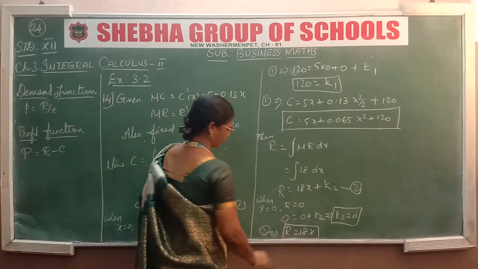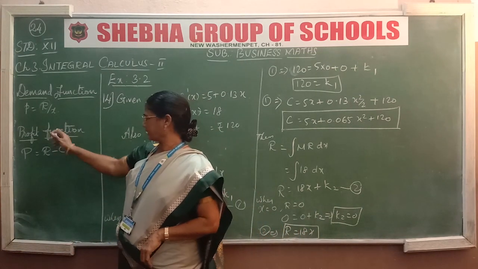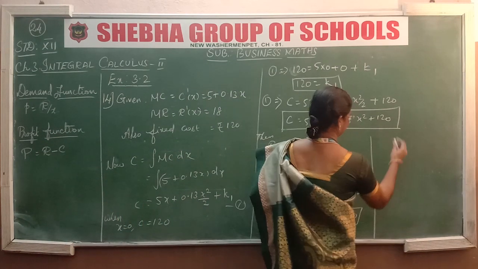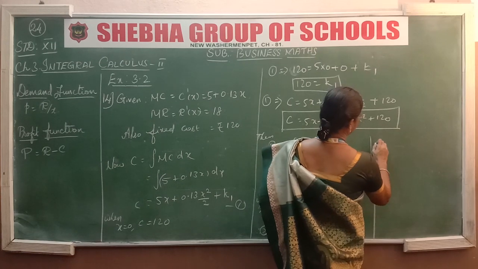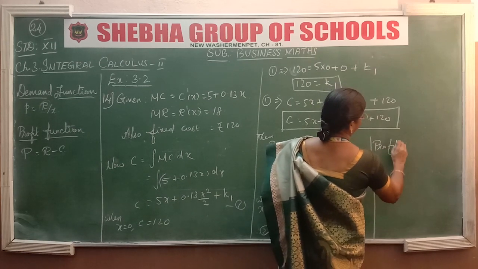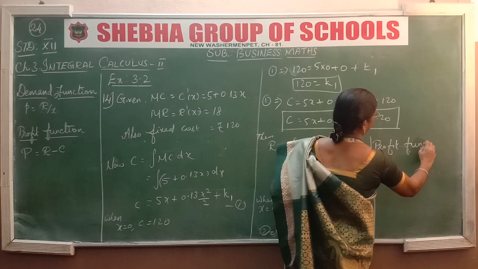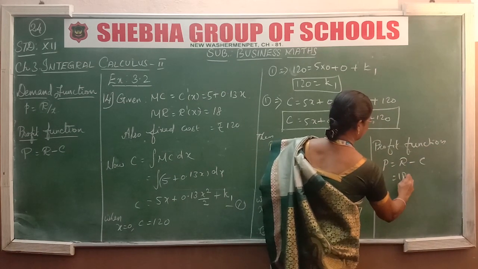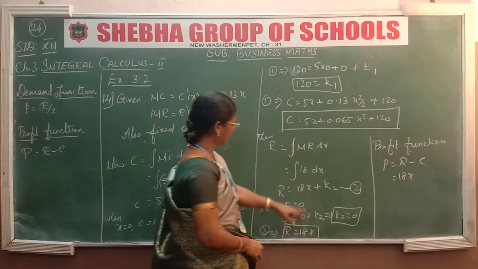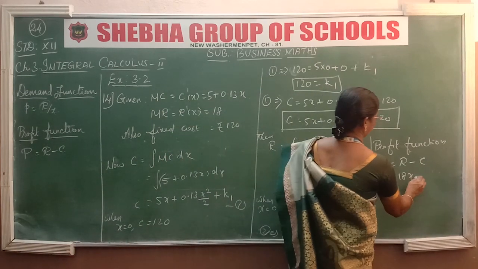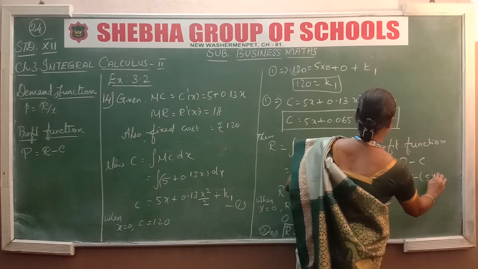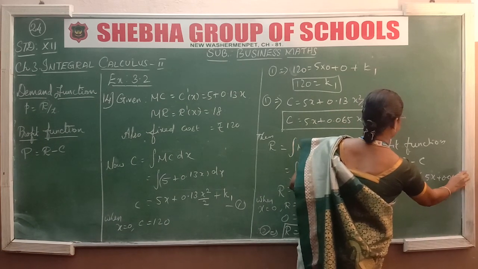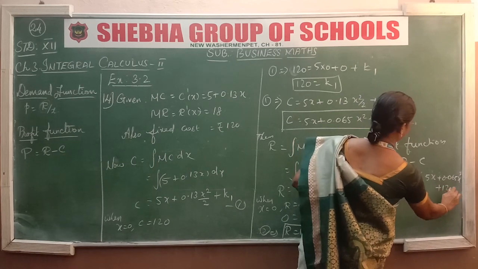Okay. Now we have to find the profit function. Profit function P is equal to R minus C. R is 18x and what is C? C is this: 5x plus 0.065x square plus 120.